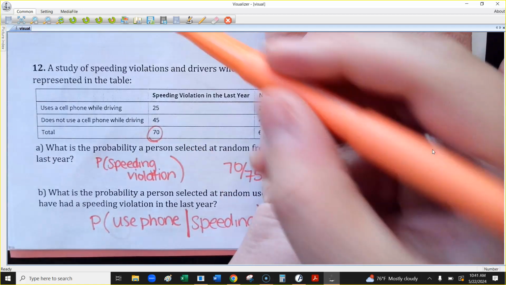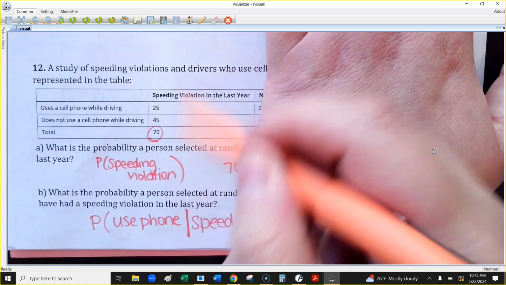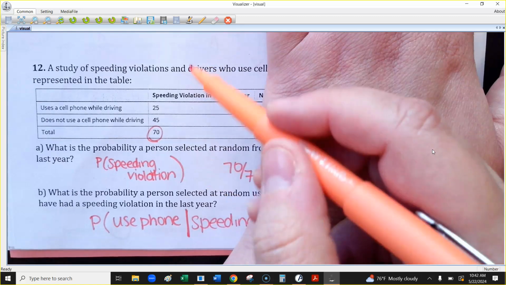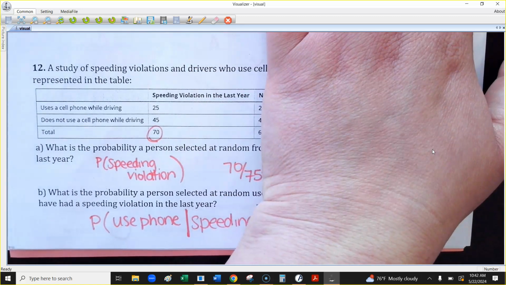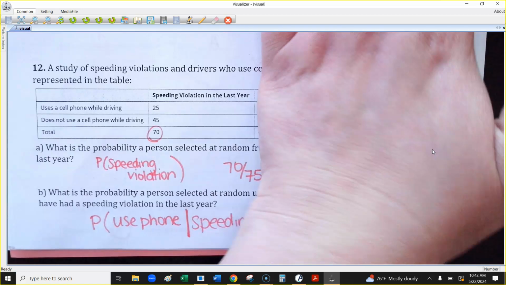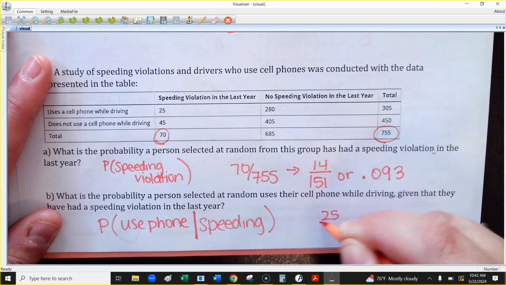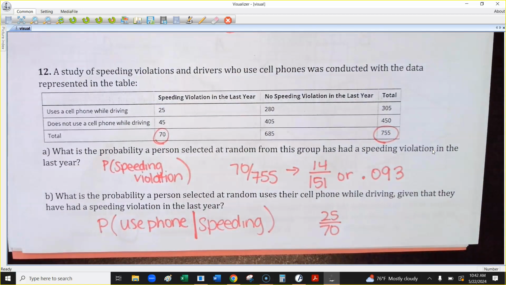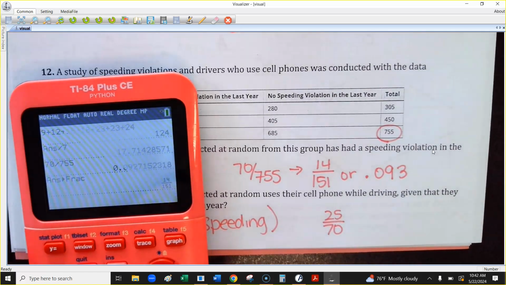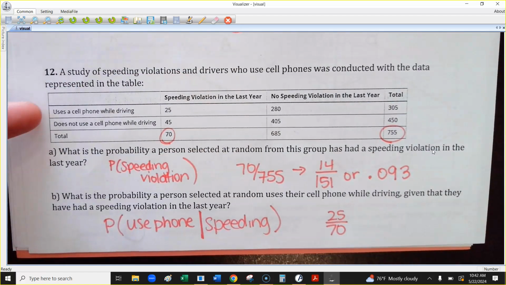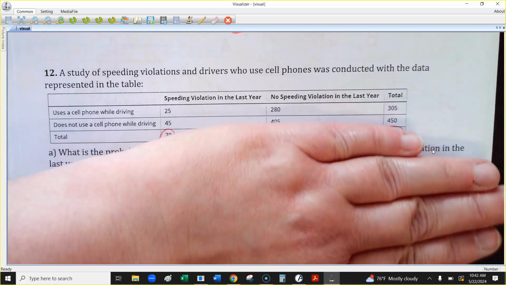Okay, so given that I'm in this column, given that I had a speeding violation, what's the probability they were using their phone? 25 out of 70. You don't use the whole table if you have a conditional probability where something's given to you. If they had given me that they used their cell phone, then I would just use that row. So that's how that works.